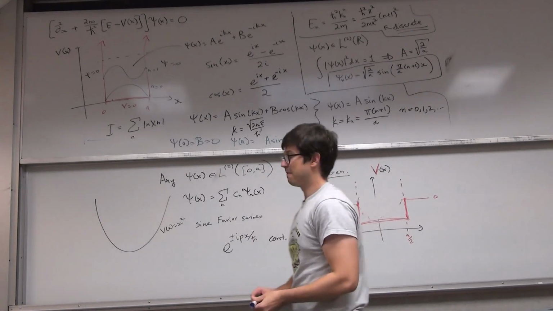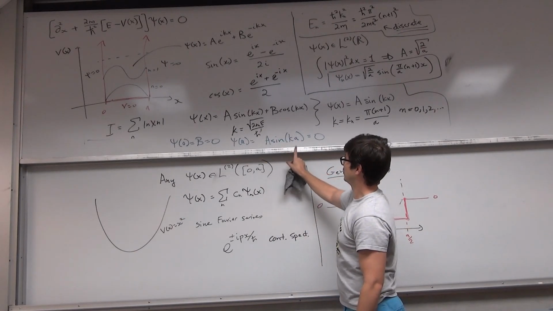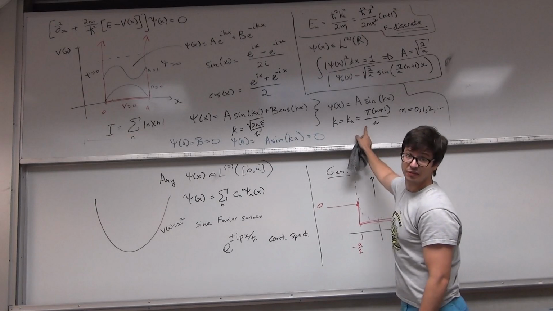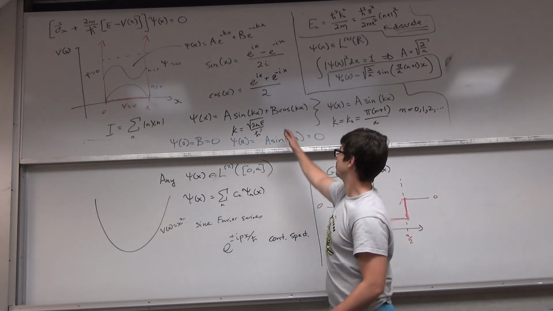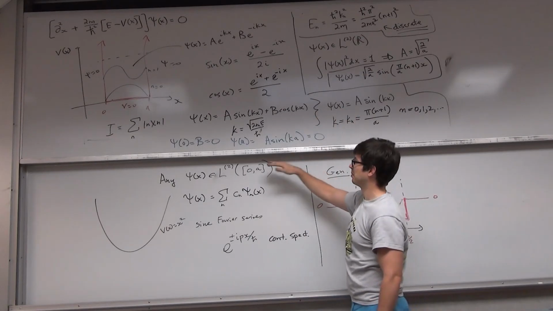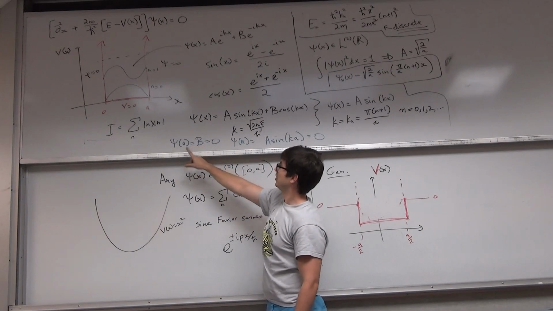So if this is non-zero, the only way this can work is if k takes on these values. It's the only option. So hopefully, I went a little fast with this jump, but it's just matching the boundary conditions at 0 and a.